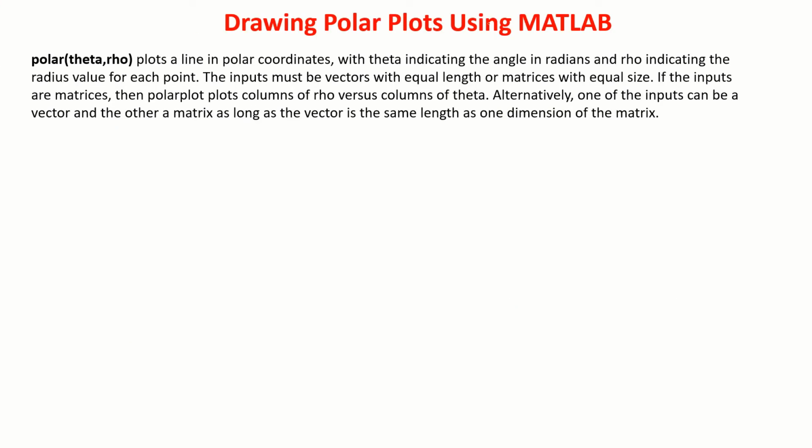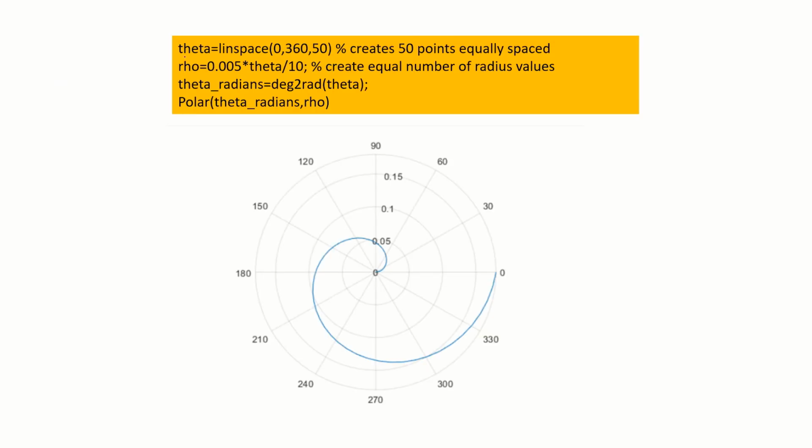You can also draw polar plots using MATLAB, using the command polar of theta comma rho. Okay, here I have given theta equals linspace 0 comma 360 comma 50. 0 to 360 degrees, 50 equal spaces.